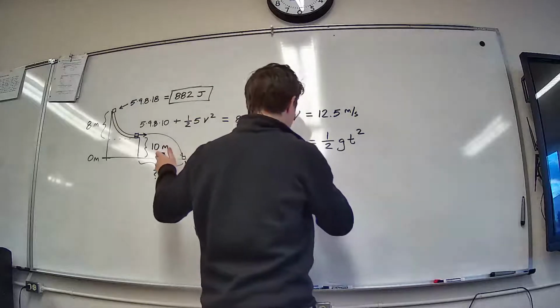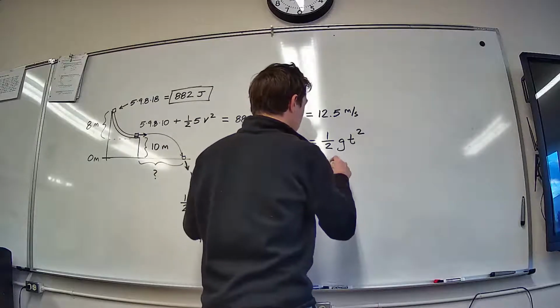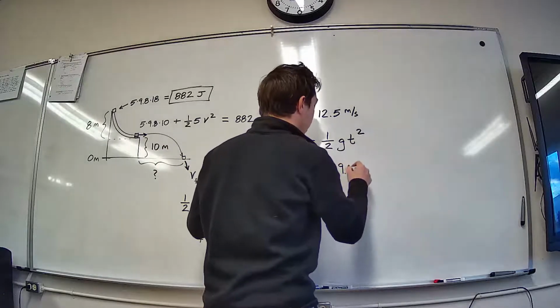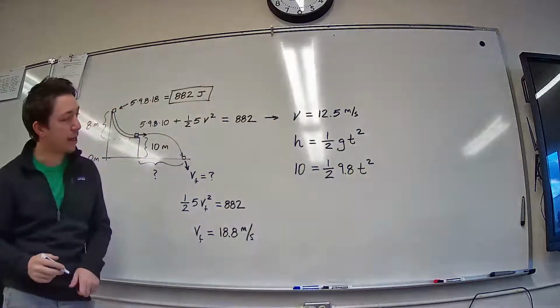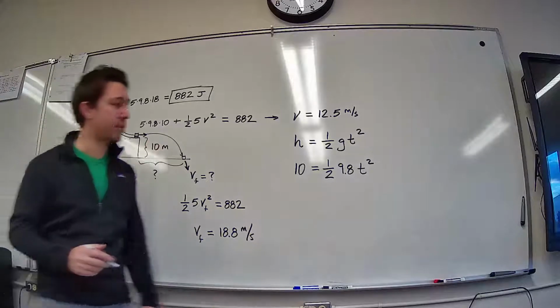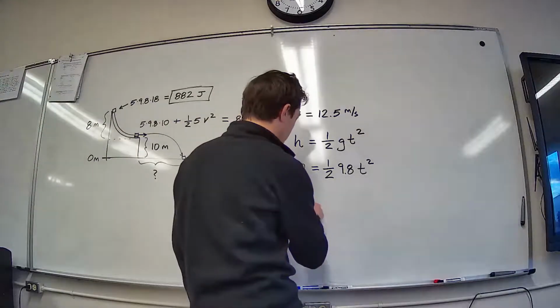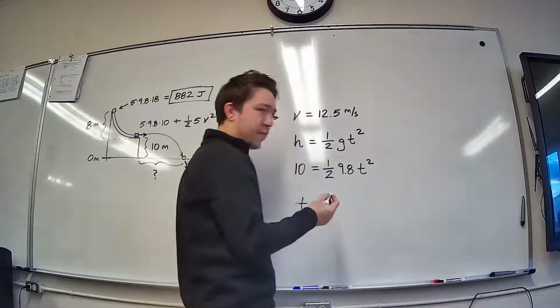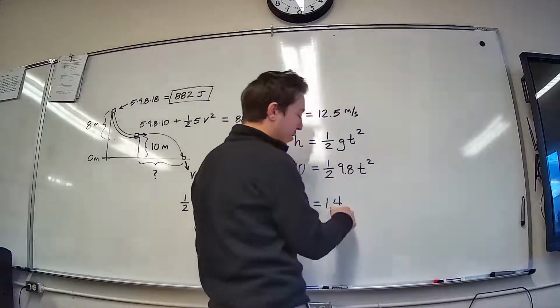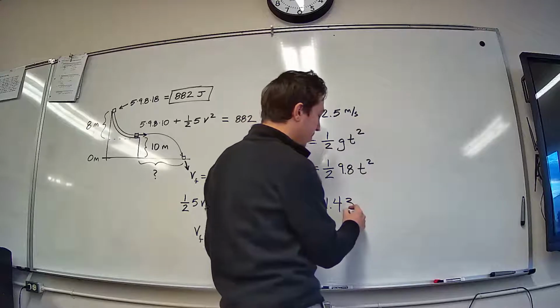So anyway, the height is 10. g is 9.8, of course. And so you're going to get something that's roughly the square root of 2. I think. It was like 1.4. Let's get one more decimal. 3. Okay. That's rounded.